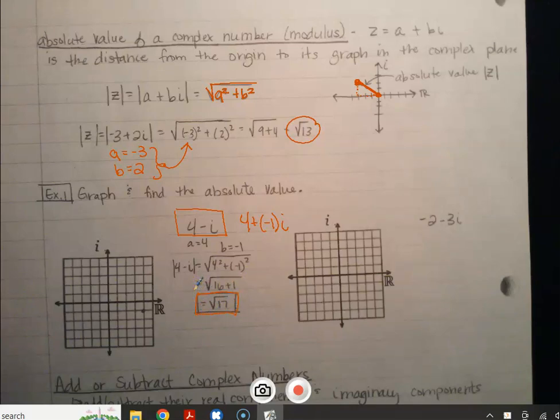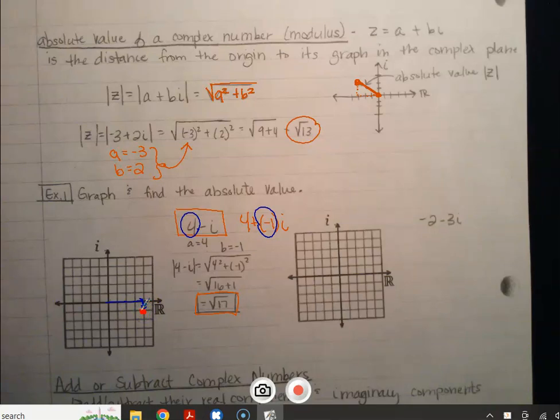But let's graph it. Remember, we graph the real number component on the horizontal axis, so it's a positive 4: 1, 2, 3, 4. And then I graph my imaginary part, my negative 1, on the vertical axis. So I come over 1, 2, 3, 4, go down 1, and put my point right there.